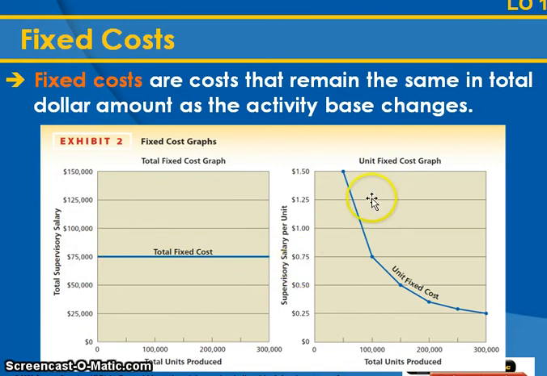Now, the unit fixed cost graph is more interesting here. What we're saying here is, if you look at these numbers, here's the 50,000 to 300,000 bottles of perfume that are being produced. Let's say we're dividing the factory supervisor's salary, the $75,000, over how many bottles of perfume get produced. Okay, so this is where it's a little bit interesting.